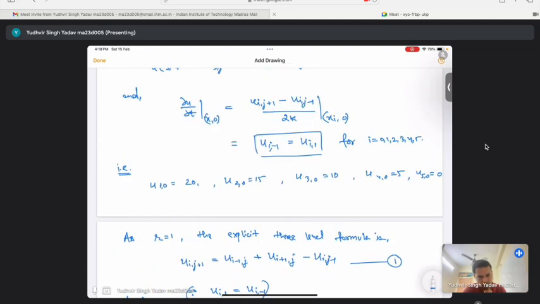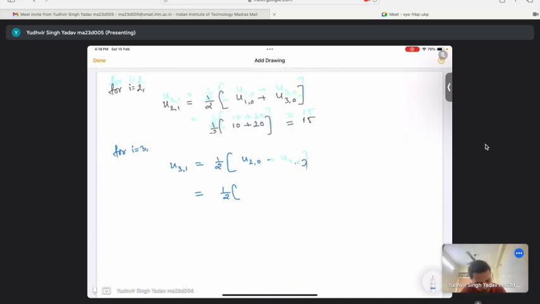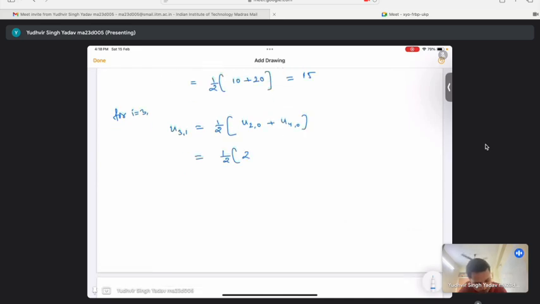Again, we can note the values from here that u2,0 is 15 and u4,0 is 5. So it is 20, therefore it is 10. Similarly, for i equals 4, we have u4,1 equals 1 by 2 times u3,0 plus u5,0.